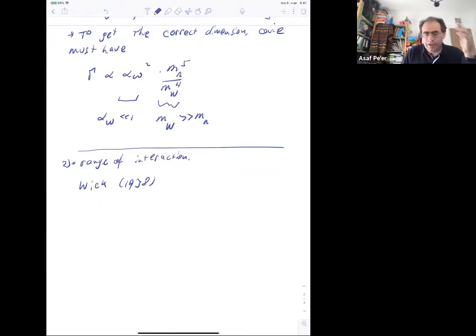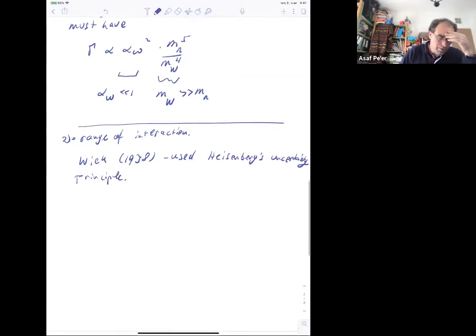And he was looking at pions at that time. They knew about pions, and he used Heisenberg's uncertainty principle. So the idea that Yukawa was using is basically the following.